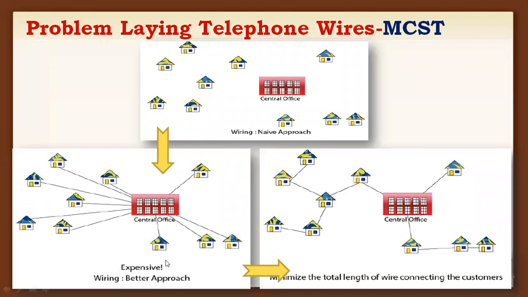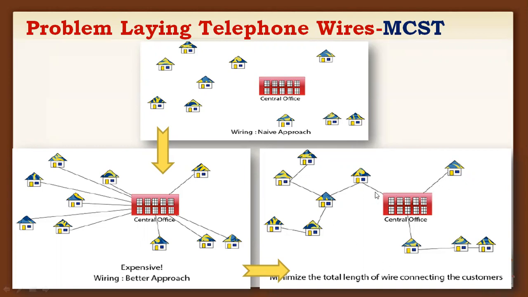But to minimize the cost, we need to follow an algorithm called Prim's algorithm, or we can consider Kruskal's algorithm. By applying Prim's and Kruskal's algorithm, we can easily minimize the total length of the wire connecting to the customers. Whenever we apply the minimum cost spanning tree technique to the given problem, this is the solution.